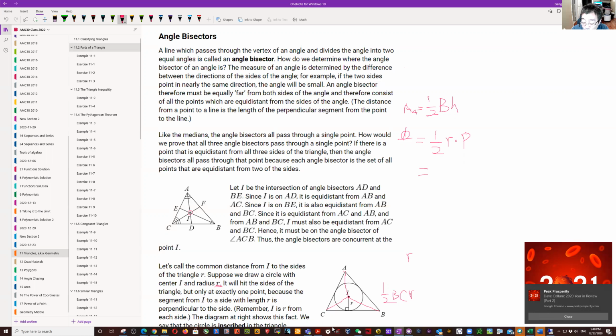Sometimes they also say it equals radius multiplied by the semi-perimeter. This is S, the semi-perimeter. S is usually equal to 1/2 (A plus B plus C).